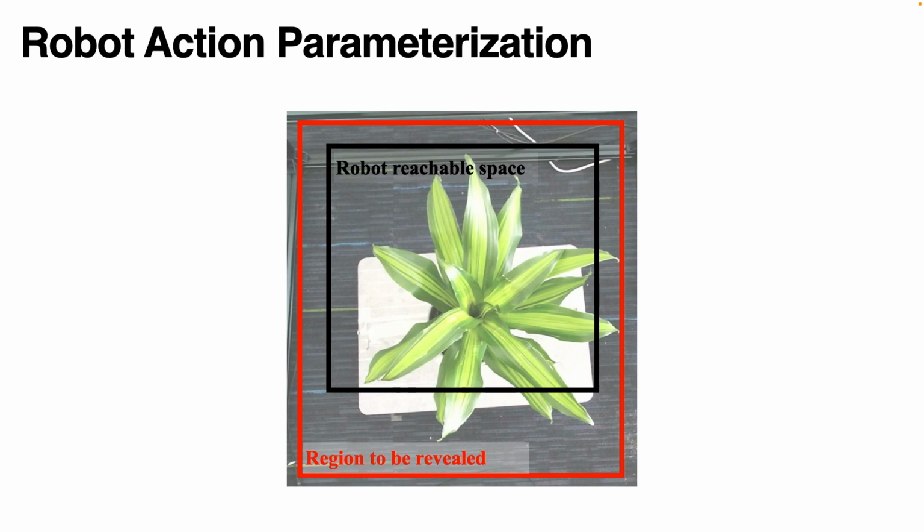Our action space consists of non-prehensile planar pushing actions within the robot's reachable space. We sample a 3D location and push in a plane parallel to the board for the vines and to the ground for the Dracaena plant. The push length and direction are represented by d and theta respectively. As vines have limited depth variation, we use a fixed z for the vines, but actions are sampled at varying z for the Dracaena plant.